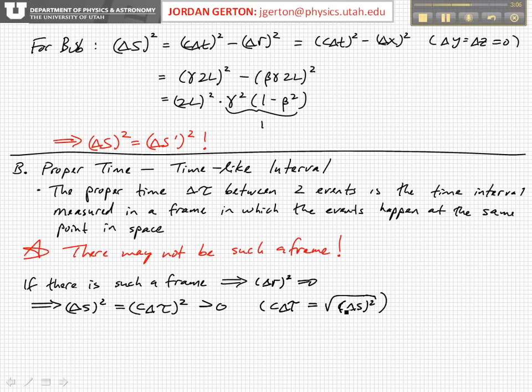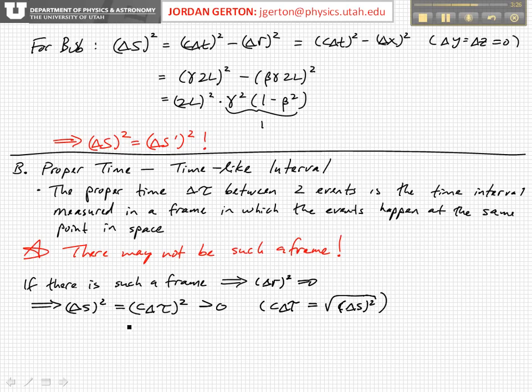So whenever we have a positive interval, whenever the value of the invariant interval is positive, that means that we can define a proper time. Okay. And the proper time is just the square root of that interval. That's it. So that actually is pretty useful.